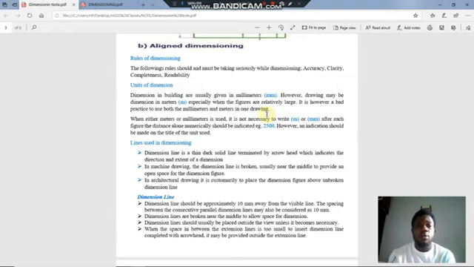When either meter or millimeter is used, it is not necessary to write m or mm after each figure. The distance alone numerically should be indicated, e.g. 250.